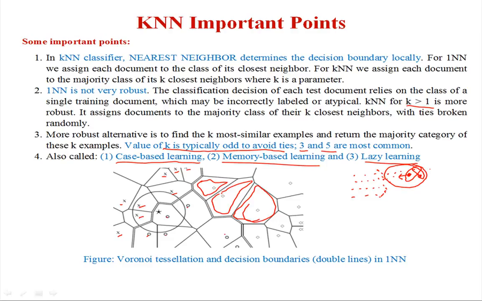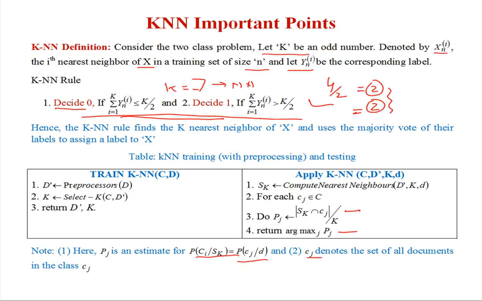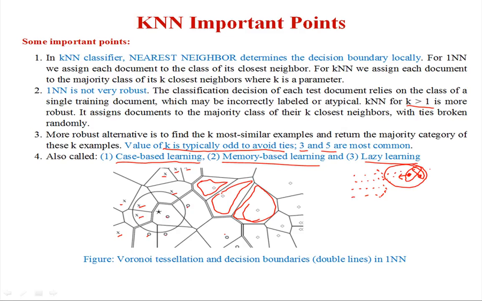Means after getting the document sets, we pre-process them, separate the documents into their classes, identify the k, and then put everything into memory, and then for new documents we calculate the class by using the data preserved in the memory. This is also called lazy learning.